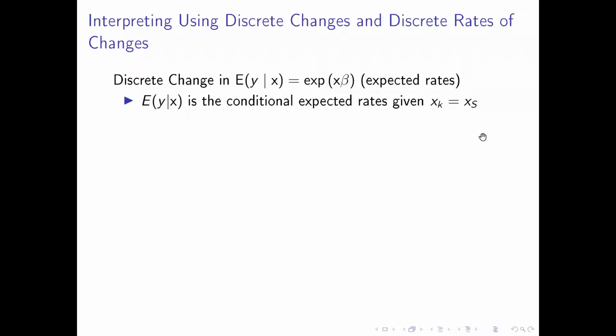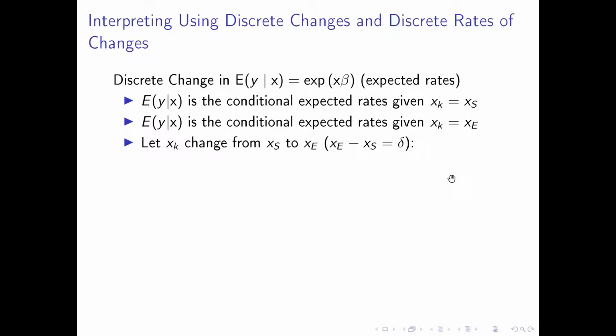Okay? And then we have another expected rates or expected count, the conditional expected rates given xk. This generic variable given xk is set to be x subscript e, or the ending value of xk.